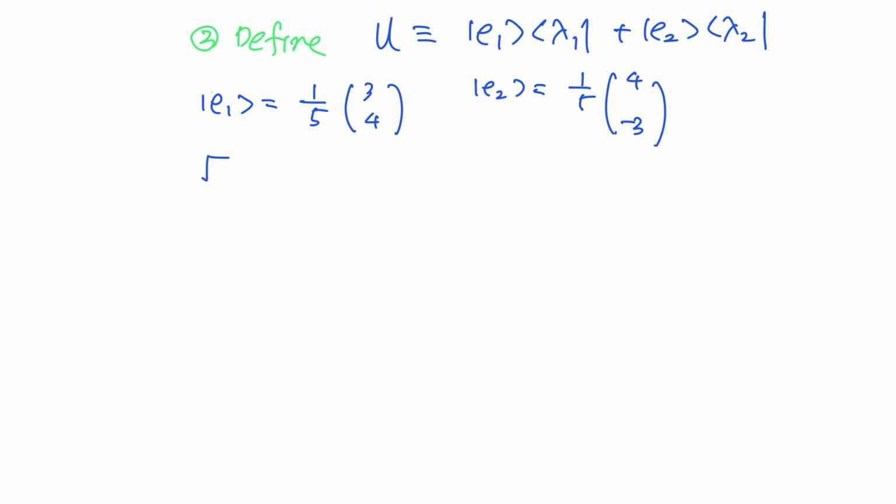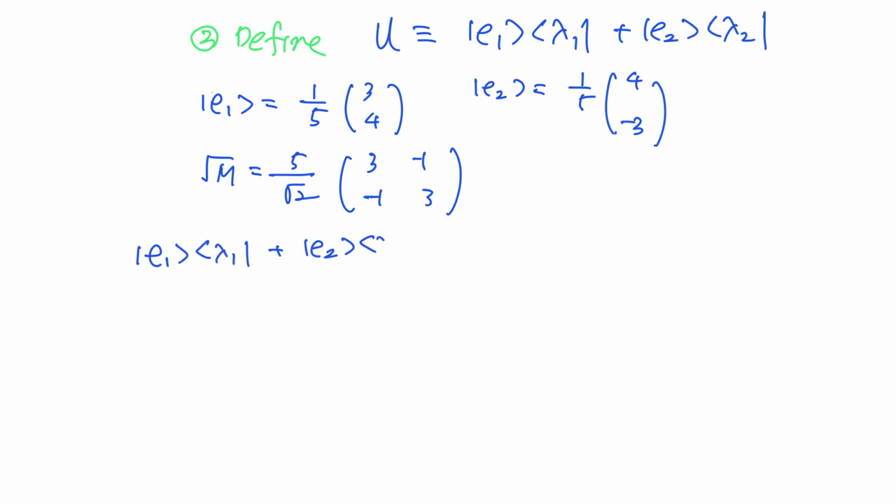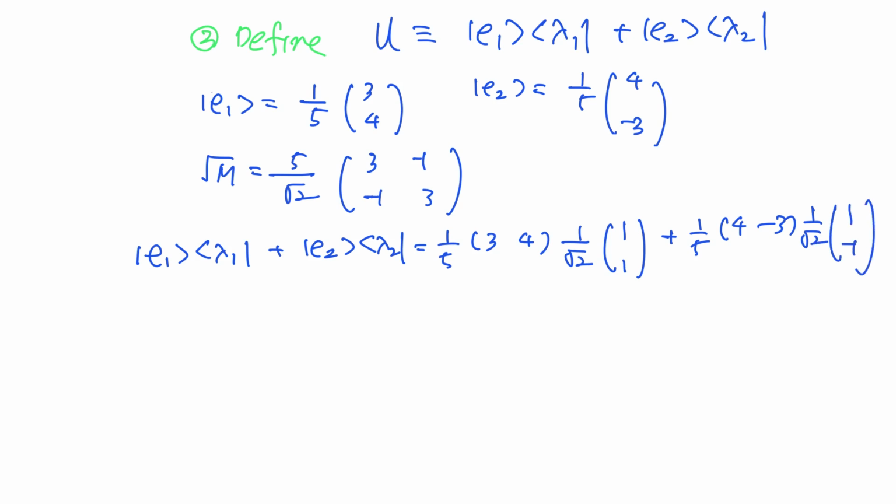So root 2, M. 3 minus 1, 3. So let's say E1 lambda 1 plus E2 lambda 2 is 1 over 5, 3, 4, 1 over square root of 2, 1, 1. 1 over 5, 4 minus 3, square root of 2, 1 minus 1.